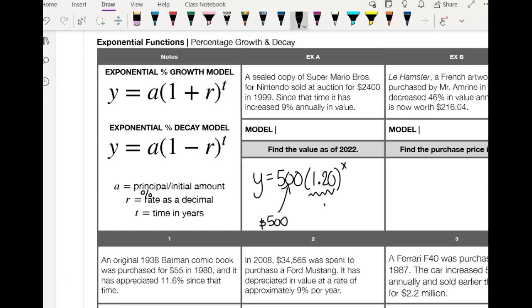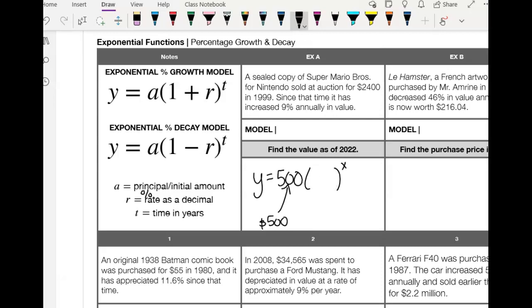So I can see that this is a growth because it's a number over one whole. And how much is it growing by? It's not 120%. It's anything that's over the one. So this is actually a 20% growth rate. Again, I'm getting you to understand the difference between the factor, which is 1.2, and the percent growth, which is just the difference between this number and 1.